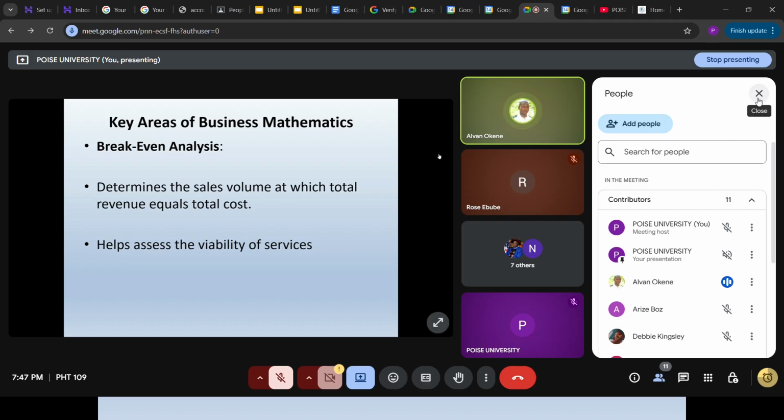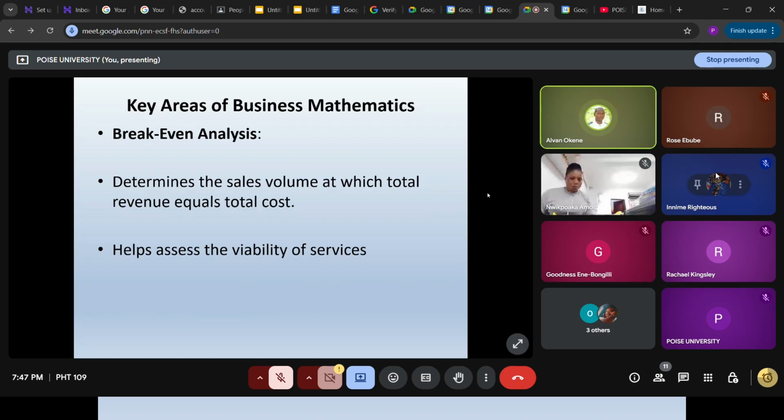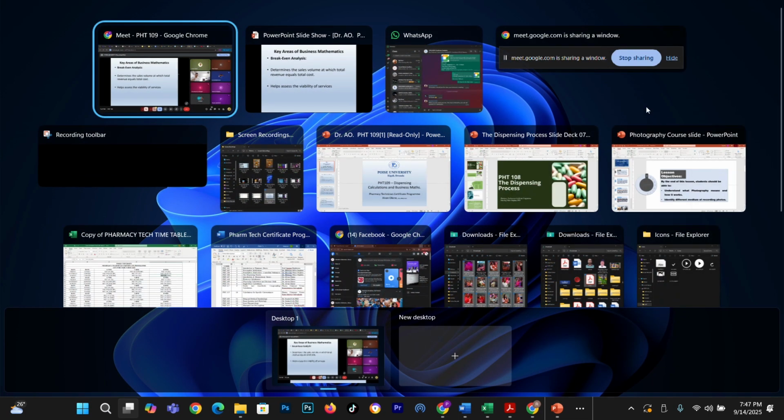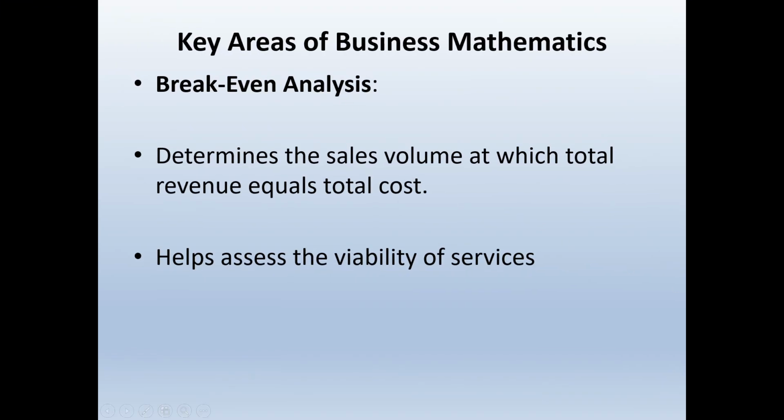So when you apply the principle of break-even analysis, that will help you to know that if your total cost is 5,000, your total revenue should be above your total cost. If your total cost, let's say, is 5,000, then your total revenue ought to be 6,000 and above for you to be in business.